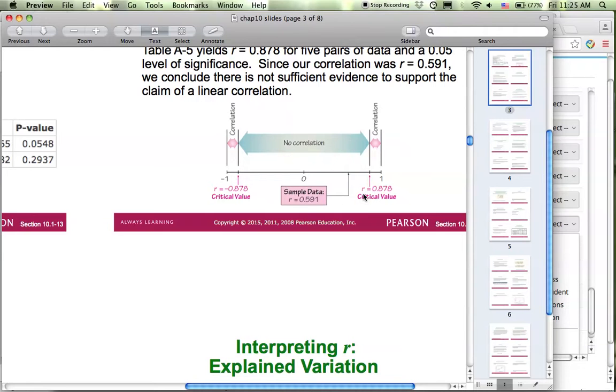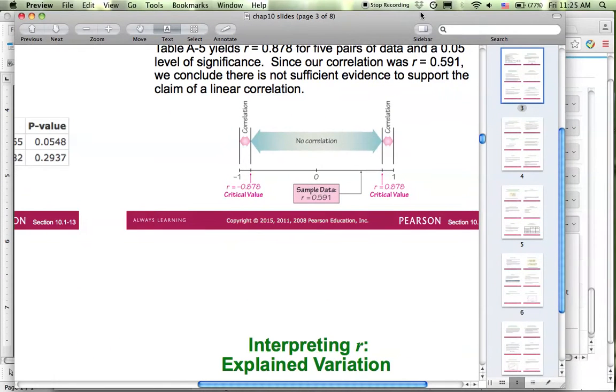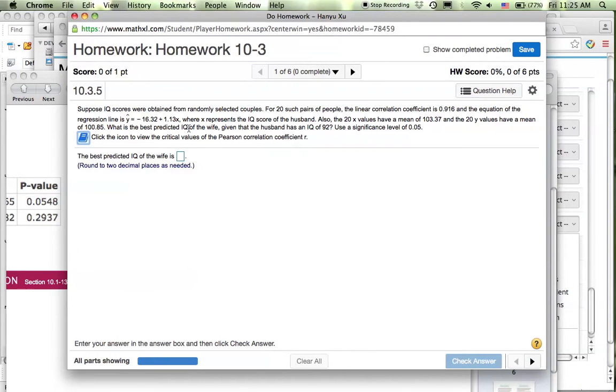And your little r, where is your little r? Your little r is 0.916. So it should be somewhere here in the critical region. Okay? And because your little r is in the critical region, you know that your x and y are linearly correlated, which means you can use this regression line for your prediction.